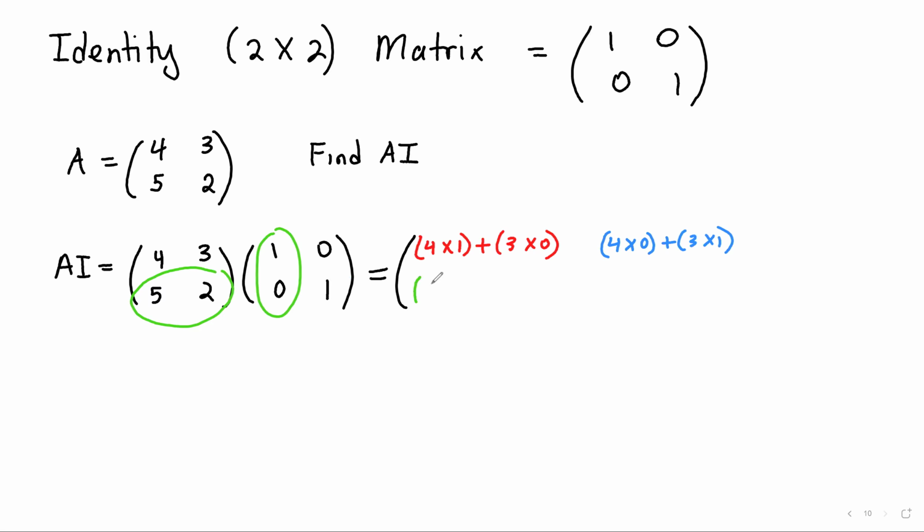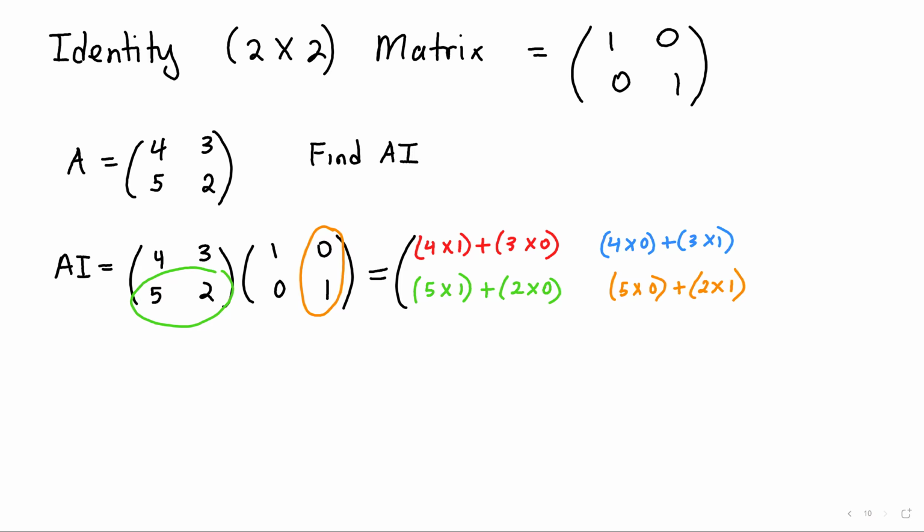So this would be 5 times 1 plus 2 times 0. And then finally, the last one, still row 2, but now column 2 as well. It'll be 5 times 0 plus 2 times 1.